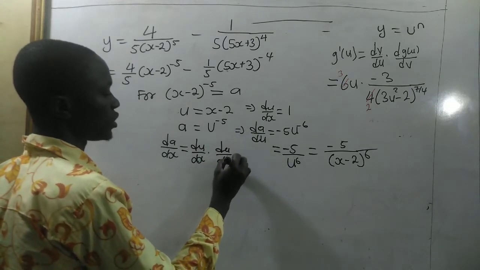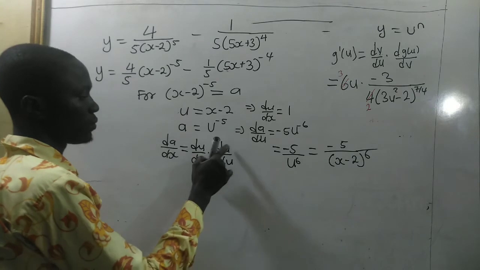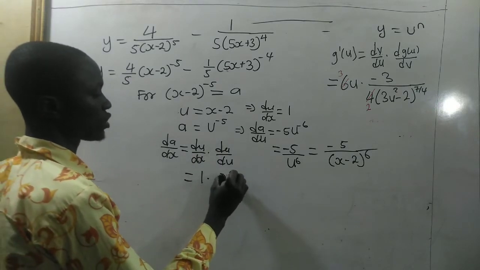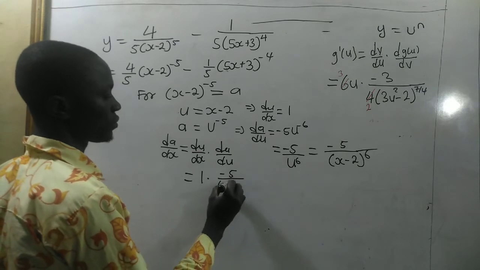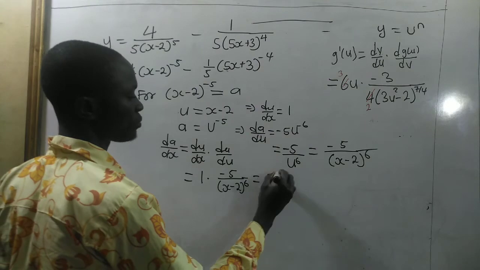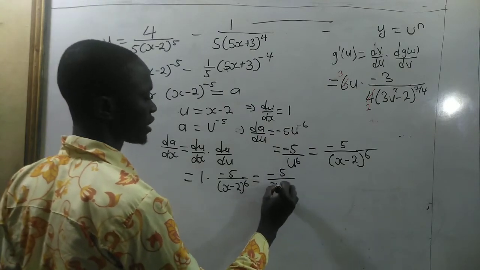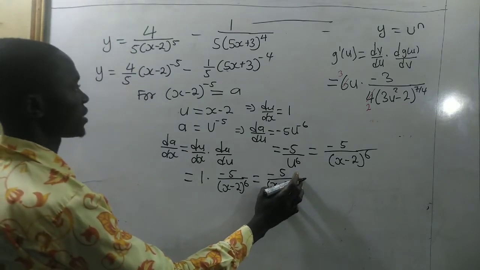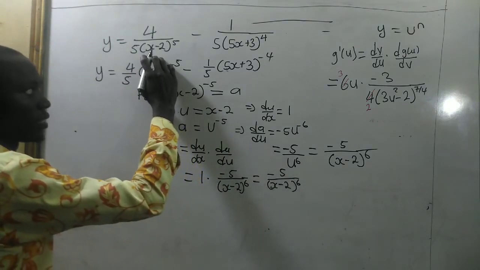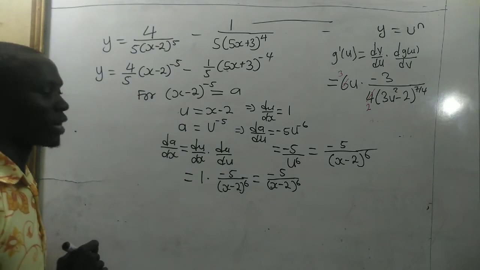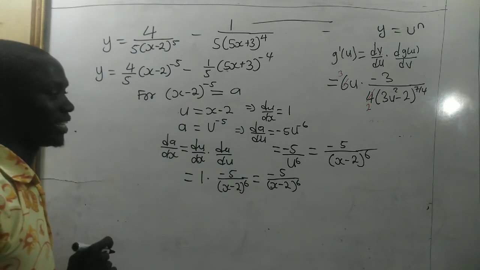Do you see that here du will cancel du and get back to dA on dx. This will give us 1 times minus 5 on x minus 2 to the power 6, and that will give us minus 5 divided by x minus 2 to the power 6. So this is the derivative of this one. So you come and put it back inside. Very simple as that. I hope you are enjoying the lesson.